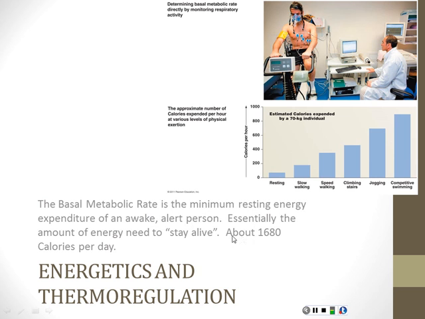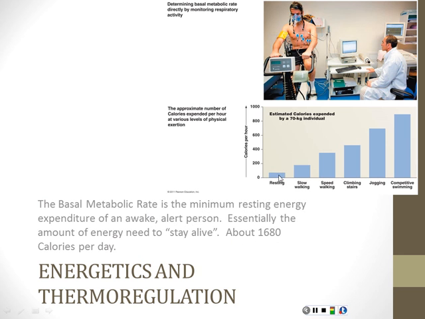For most people, that is about 1,680 calories per day. Now this can vary. Some people have a higher basal metabolic rate, some people have a lower one. But the average, so to speak, is about 1,600 calories per day. So that's just to stay alive, be in homeostasis. You haven't done anything yet.